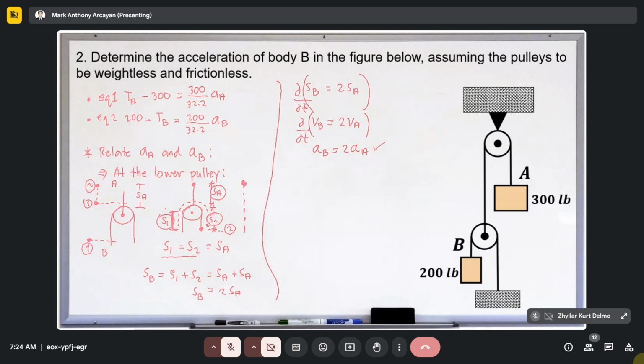Okay? So, do you have any question, class, with regards to the analysis at the lower pulley? And the reason why the displacement of B is twice of that of A? Do you have any question so far? Hello? Hello?